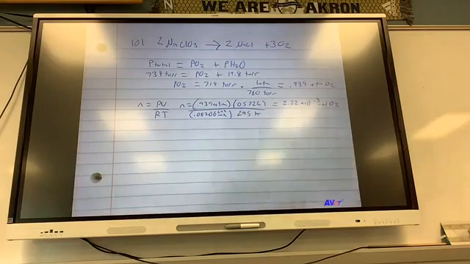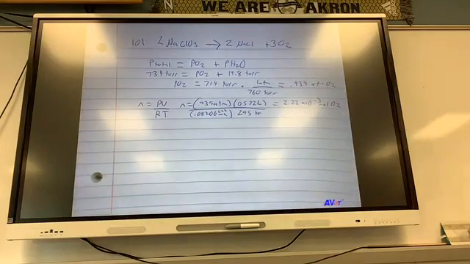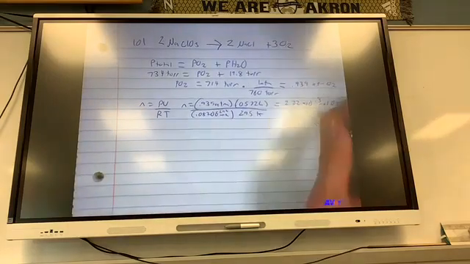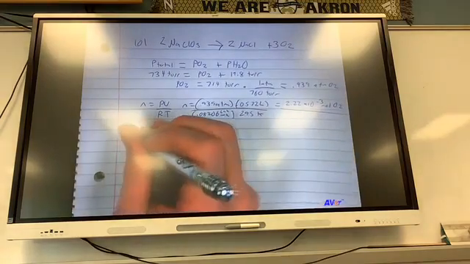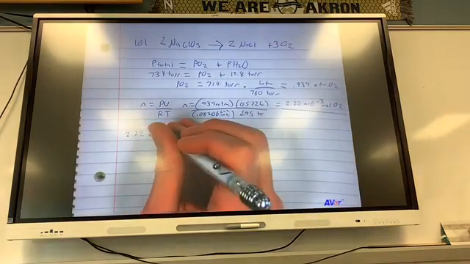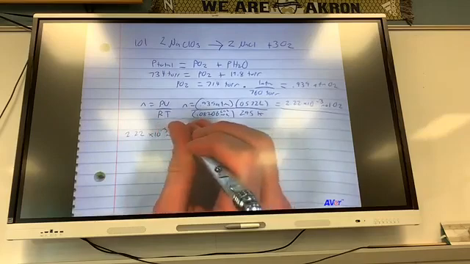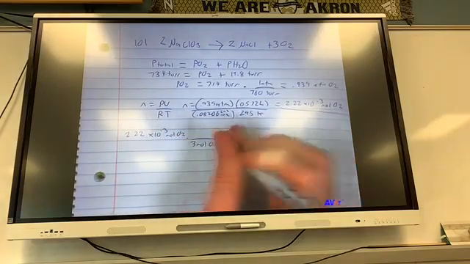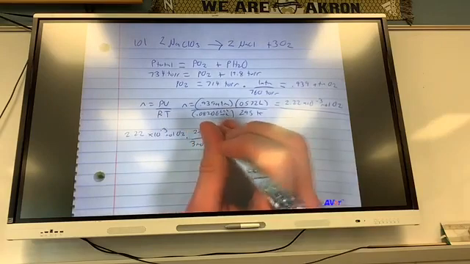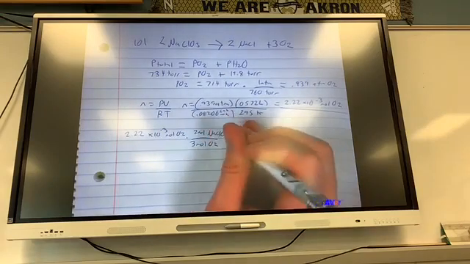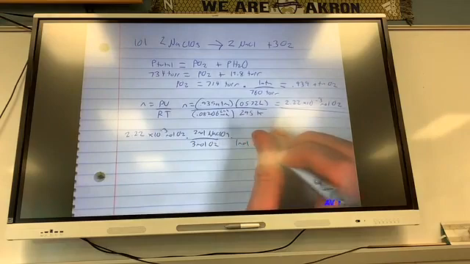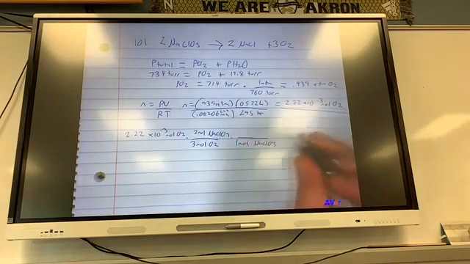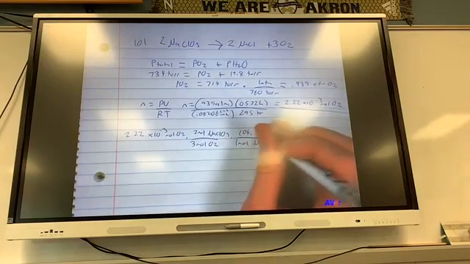But they're not asking for moles of O2, they're asking for a percent, right? So now I've got to do stoich. I'm going to take my 2.22 times 10 to the negative third moles of O2 times my stoich step. For every 3 moles of O2, I have 2 moles of NaClO3, and 1 mole of NaClO3 is 106.49 grams.